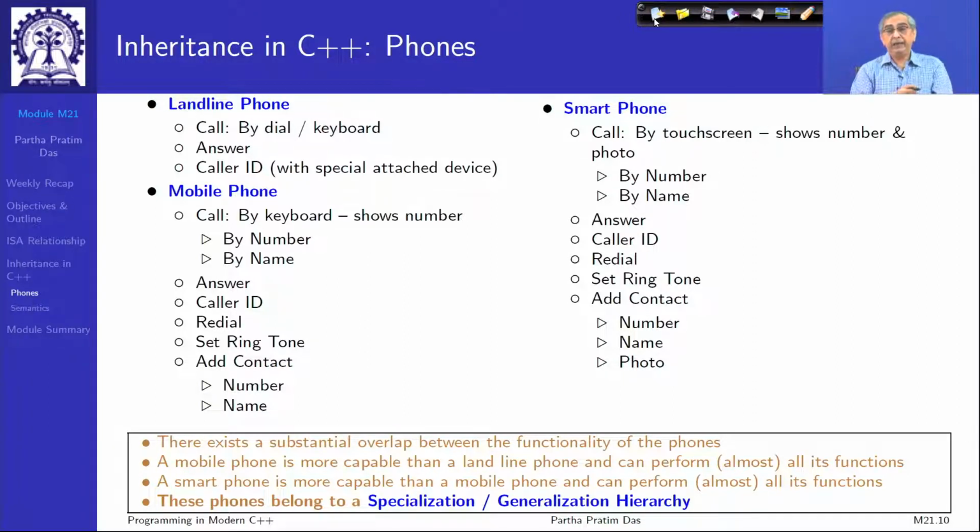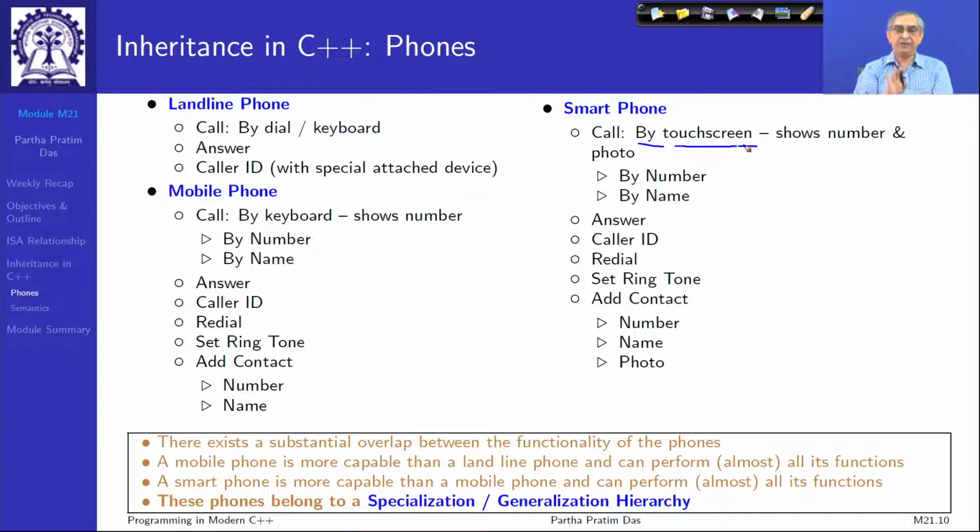Then came the late 90s and early 2000s, when we started having smartphones, and into this millennium the smartphones became the default, where you could call using the touch screen. You do not have key pressing boards. If you have a keyboard, that also is virtual.